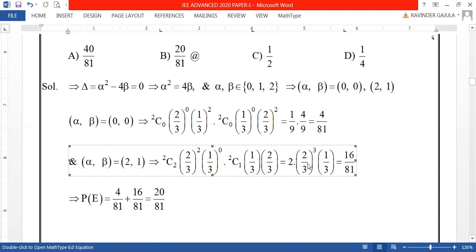Let me write here: 2C1 is 2, 1 by 3 into 2 by 3 is 2 by 9. So this is 1 into 4 by 9, which is 4 by 9, and 2 into 2 by 9. On the whole, it is 16 by 81 you will have.